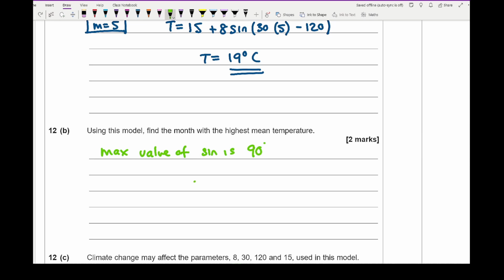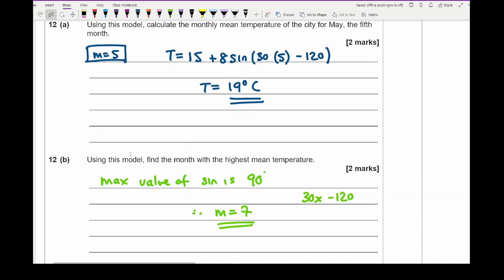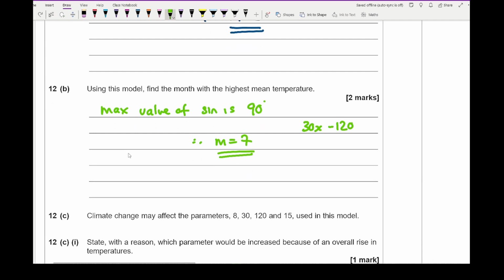So therefore, m must equal 7. And again, if you're not sure about that, if we do 30m minus 120 and make this equal to 90, we get 30m equals 210, taking the 120 over, and so m equals 7.